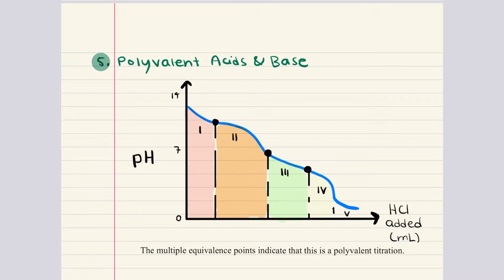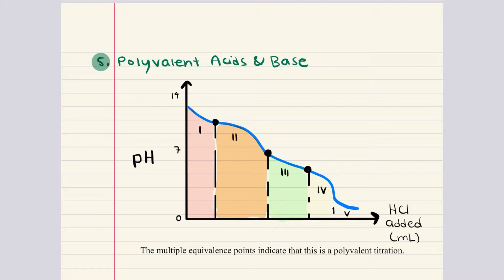Titrations involving polyvalent or polyprotic acids and bases can be more complex than those involving monoprotic species. Polyvalent acids and bases, also known as polyprotic acids and bases, have the capability to donate or accept more than one proton or hydroxide ion per molecule.